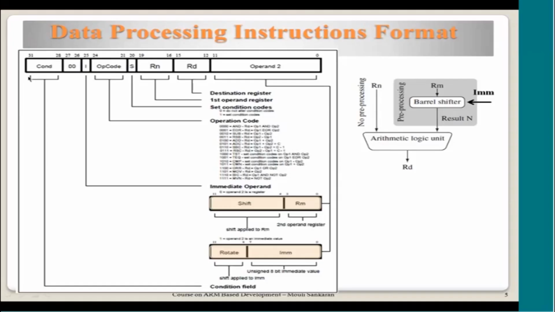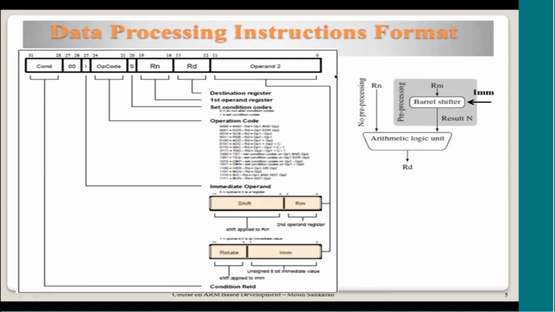Now where is this instruction stored? It is stored in the instruction memory, at a 4-byte aligned address, and R15, which happens to be the program counter, accesses the memory and fetches this particular instruction. After fetching, it goes into the decode stage of the pipeline where this instruction is interpreted.